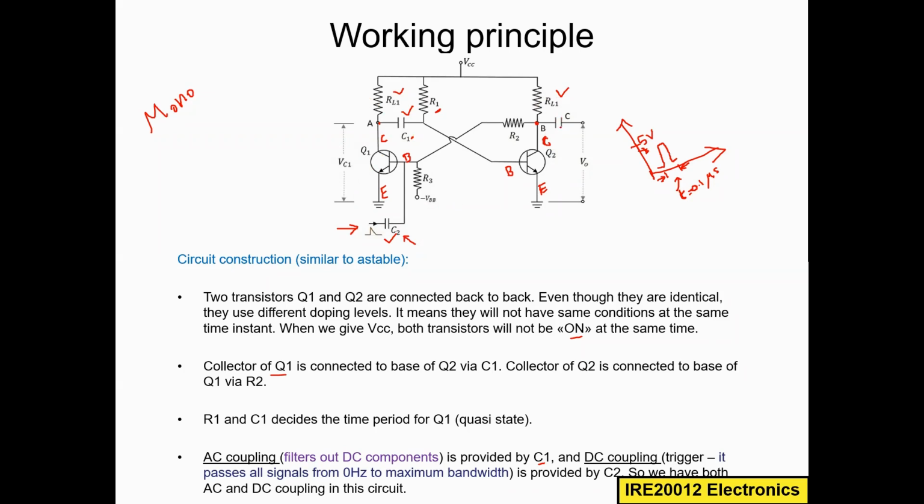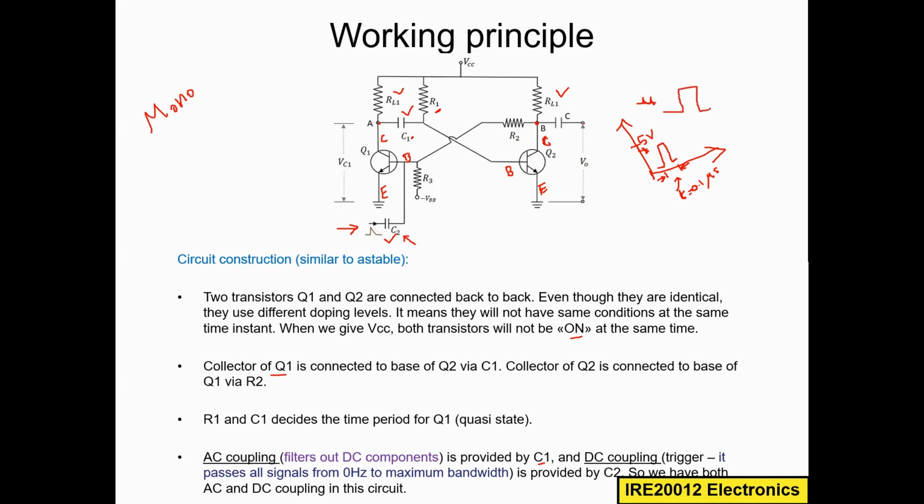So what will this one do? We are getting output from this collector to this terminal. This is the output. This capacitor will block all the unnecessary impulses and give the pure output at the output terminal. For example, I want only logic 0, so I do not want any impulses. It will filter out all the impulses and give only pure logic 0, and pure logic 1.